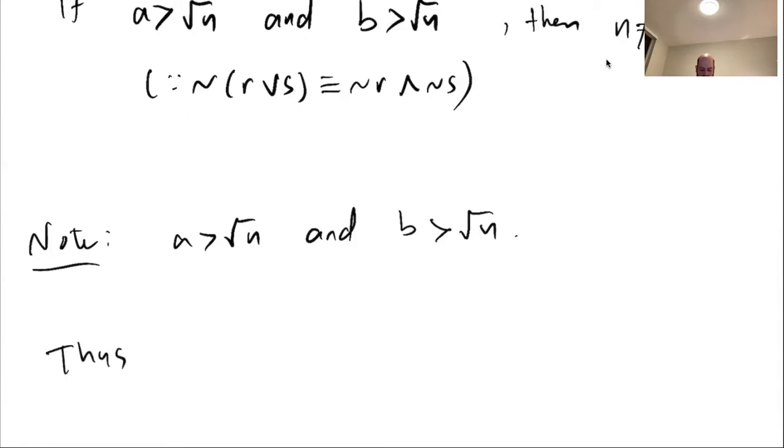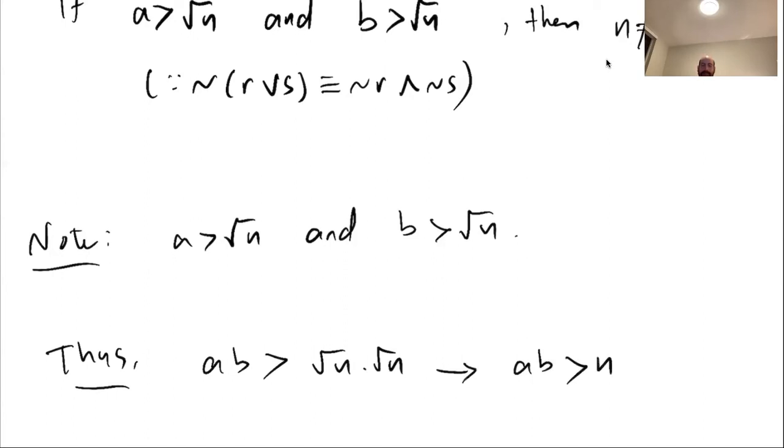Thus, if I multiply these two together, a times b is bigger than root n times root n, and that means ab is bigger than n, since root n times root n is n. If you have two inequalities in the same direction and everything is positive, you can multiply both sides.